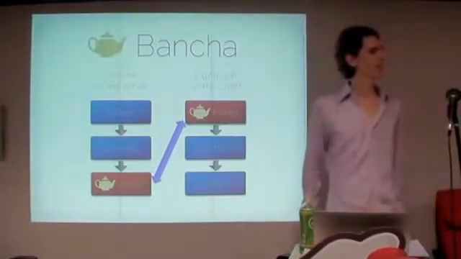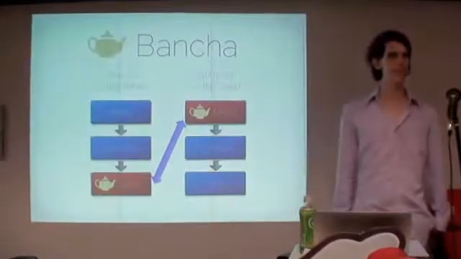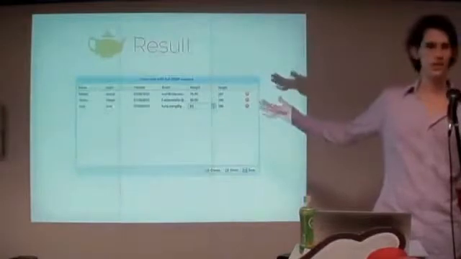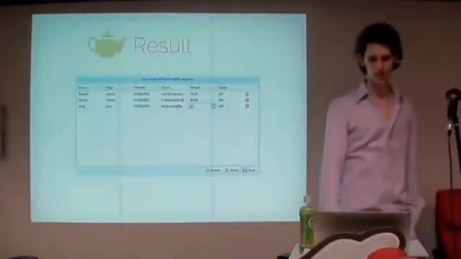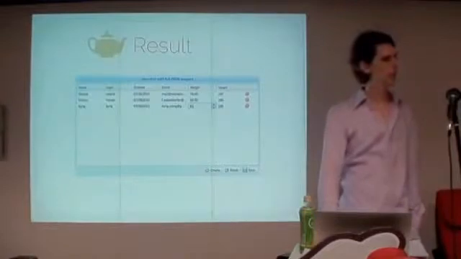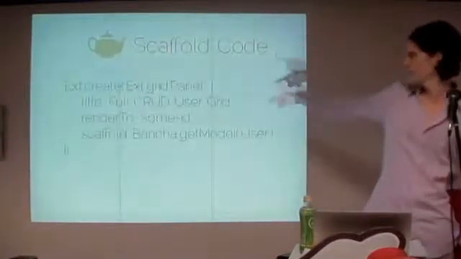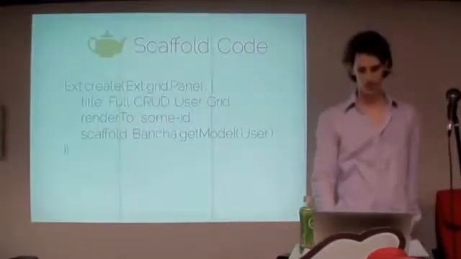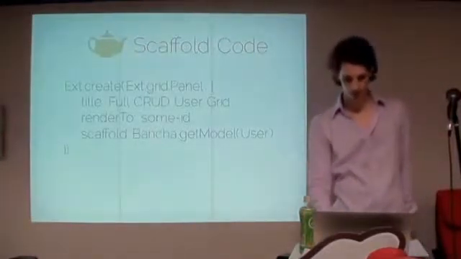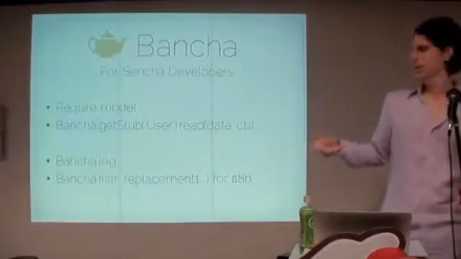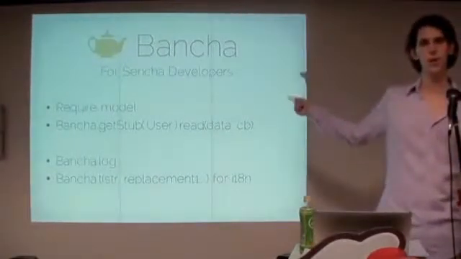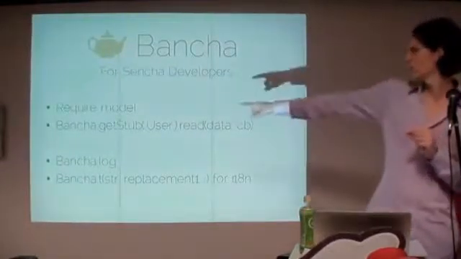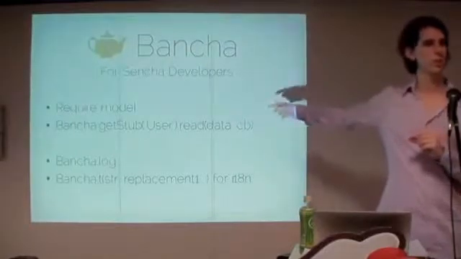So, to create this grid in ExtJS, you need these 4 lines of code. In Sencha, you can require a model, then you have this model to use, or you can require a stub, which is then the exposed controller method.